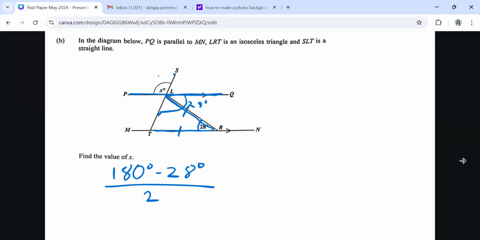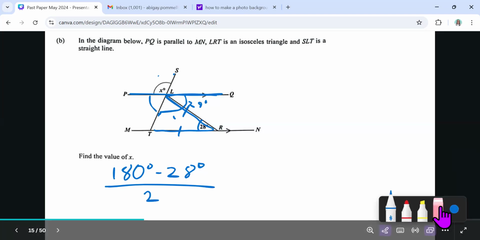Let's see if we can get the answer. We're going to find this part. No, sorry. We're going to find this part. Right, so we're dividing by 2 to find that part.